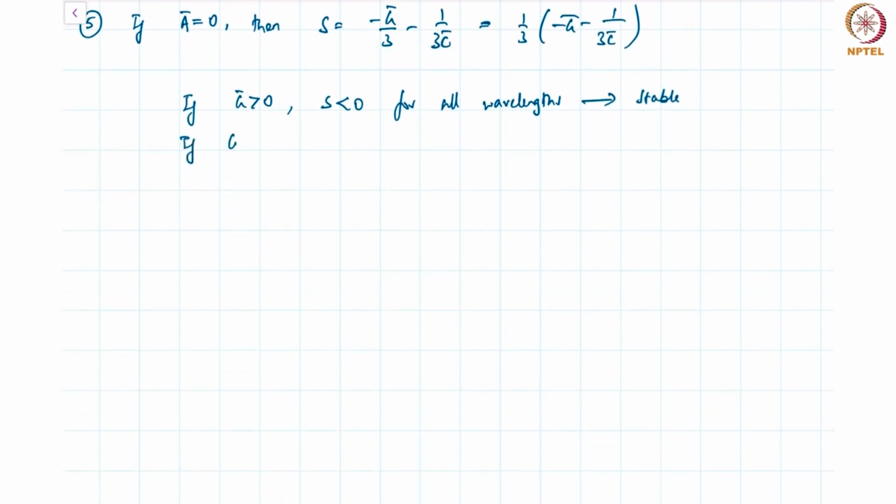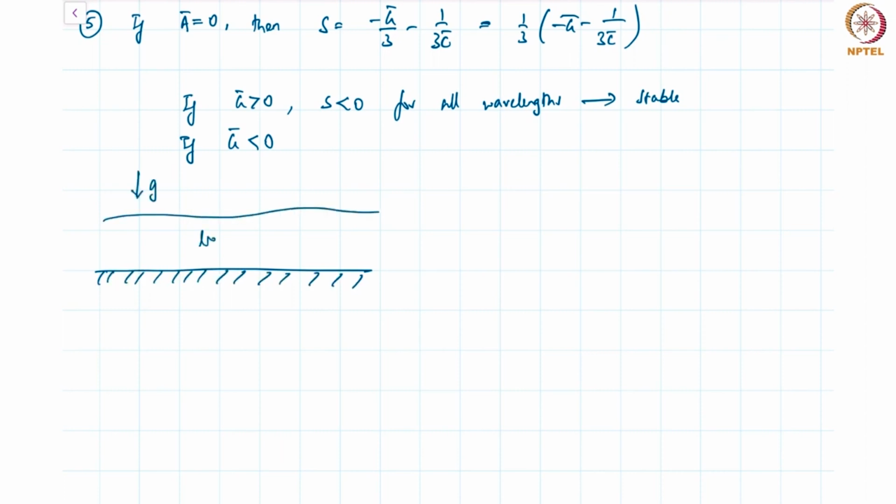But if, on the other hand, G bar is less than 0, what is G bar less than 0? So the gravity vector is in the opposite direction. Remember, our original problem was like this. The schematic that we had taken was a thin film with gravity downwards. This was liquid and gas.